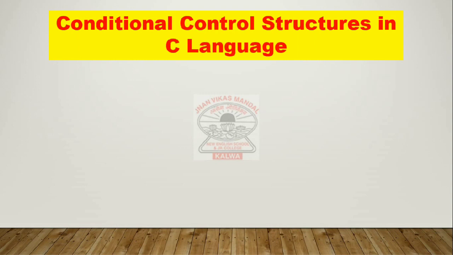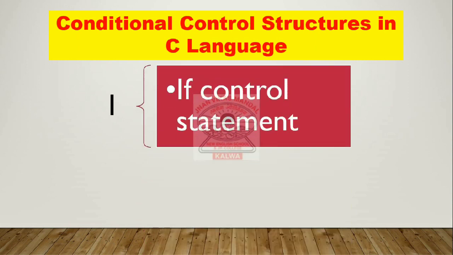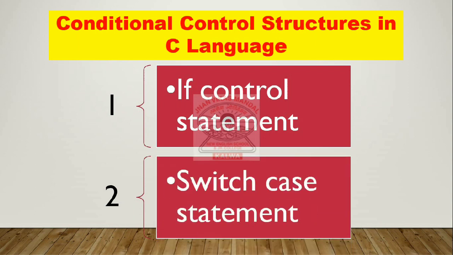Now, what are the two types of conditional control structures in C language that we will see? First is the if control statement, and second is the switch case statement. Both the statements work differently, but we have to decide when to use the if control statement and when to use the switch case statement.